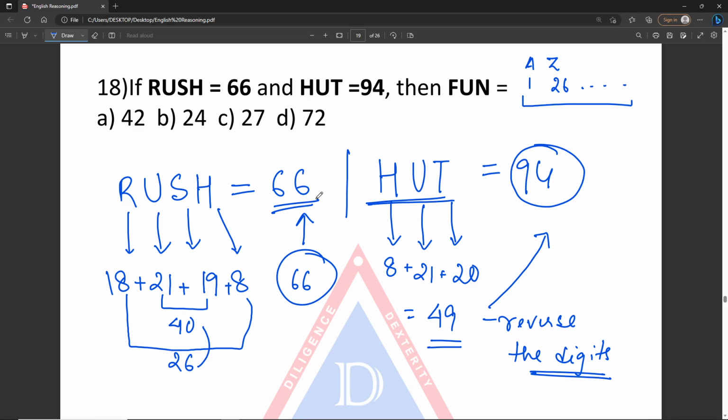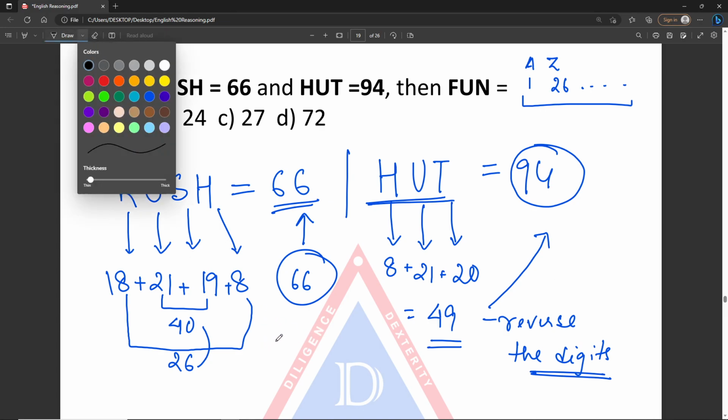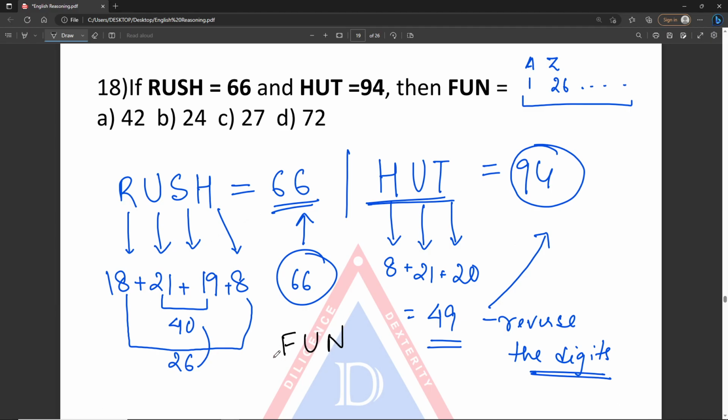Hope you got it. Okay, so FUN. The question requires FUN. F's value is 6, U's value is 21 and N's value is 14. If we add it, 14 plus 6 is 20, 20 plus 21 is 41.